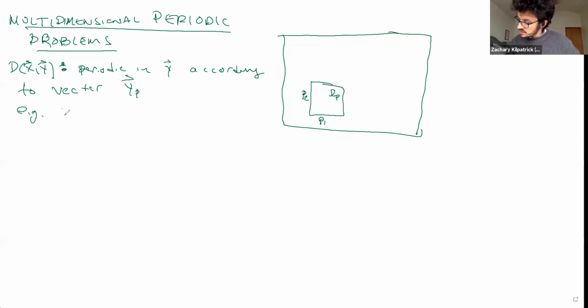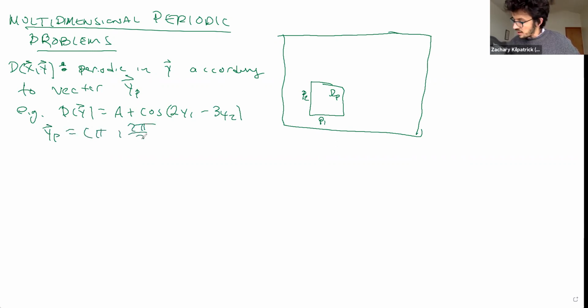So for instance, we can look at a simple case that I wrote down, which would just be some constant plus cosine of 2y1 minus 3y2, such that yp is equal to pi and 2 pi over 3. So this is just how you get from the bottom left corner up to the top right corner of the cell.